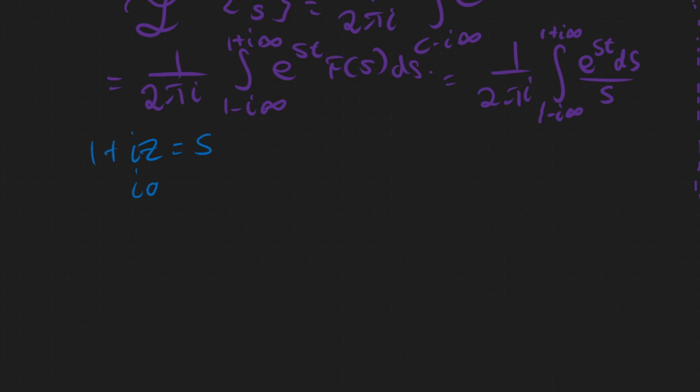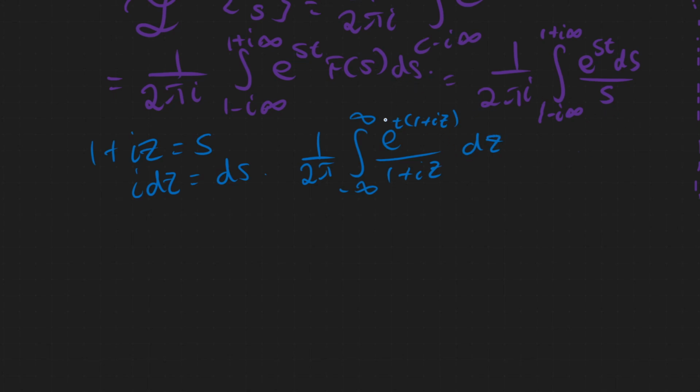We get i dz is equal to ds. Carrying out this substitution, we can bring the i to the front of the integral to get 1 over 2 pi, integral from minus infinity to infinity of e to the t times (1 plus iz) over 1 plus iz dz.